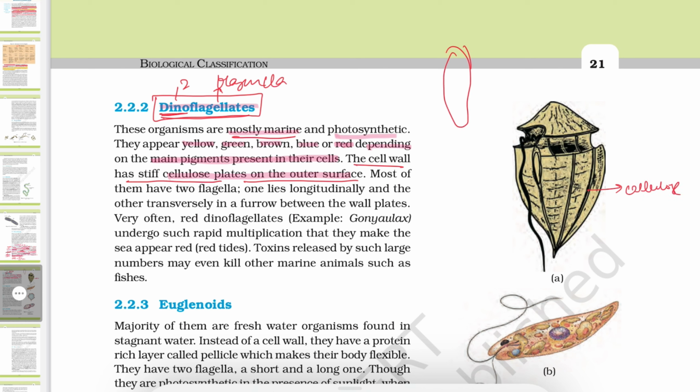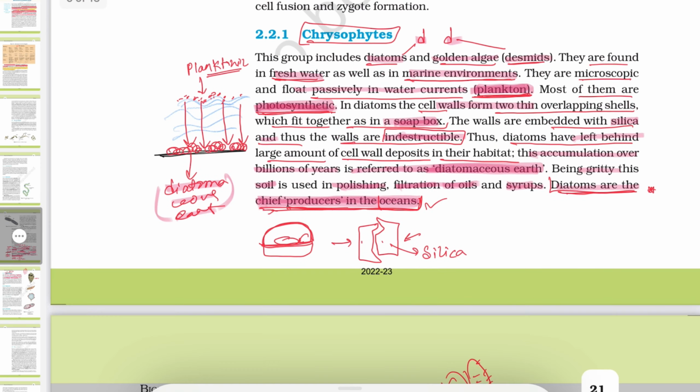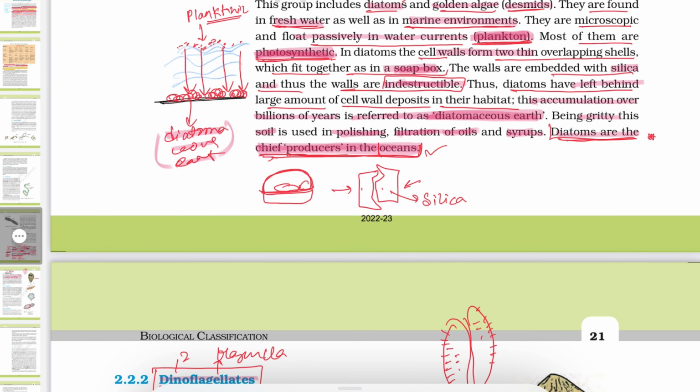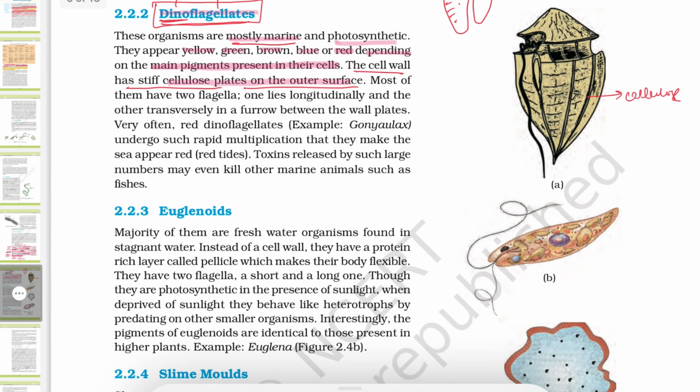So they have stiff cellulose plates over the outer surface of the cell wall. Earlier we have seen chrysophytes have silica on their cell wall, and dinoflagellates have cellulosic plates on the outer surface of their cell wall.